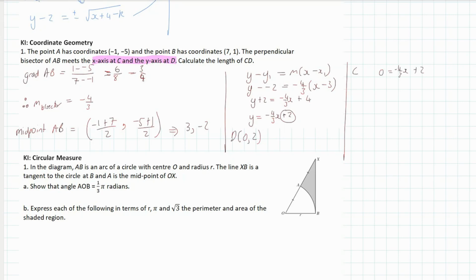And so we can say 4 thirds x equals 2, and we get 6 over 4. So x equals 6 over 4, which is 3 over 2, 1.5. And so the coordinates for C are 3 over 2, comma 0.